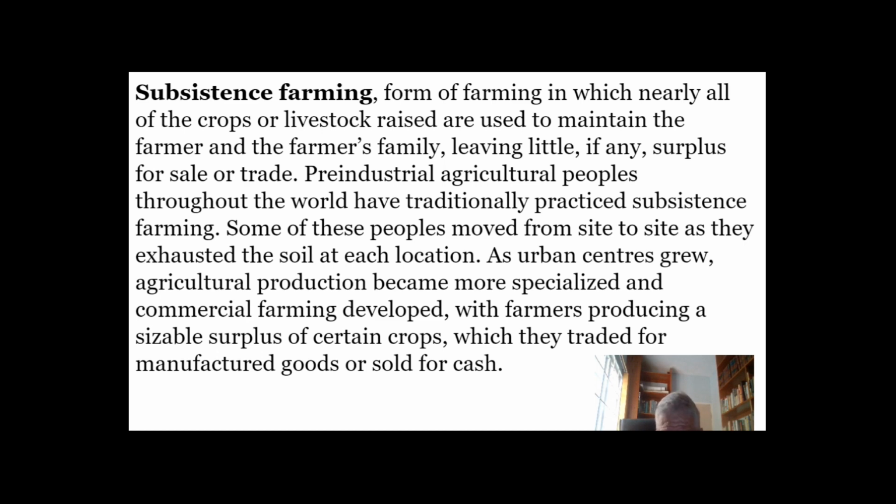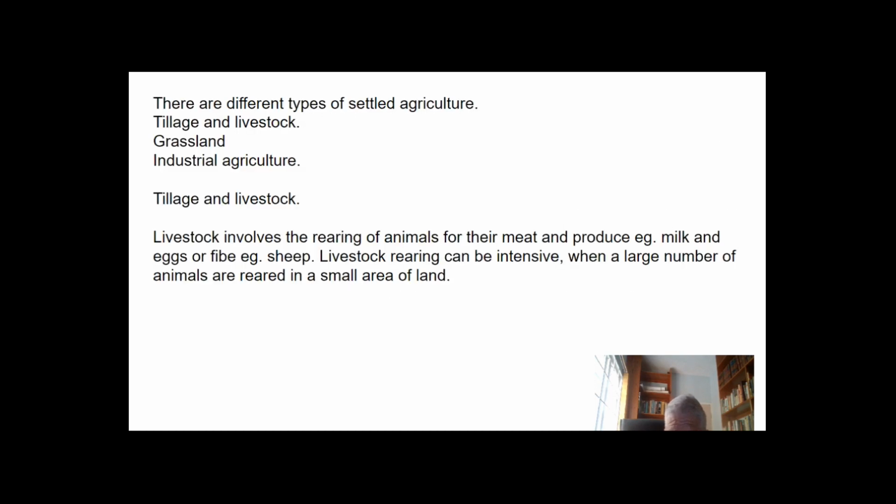As urban centres grew, agricultural production became more specialised, and commercial farming developed, with farmers producing a surplus of crops. Therefore, subsistence farming decreased.